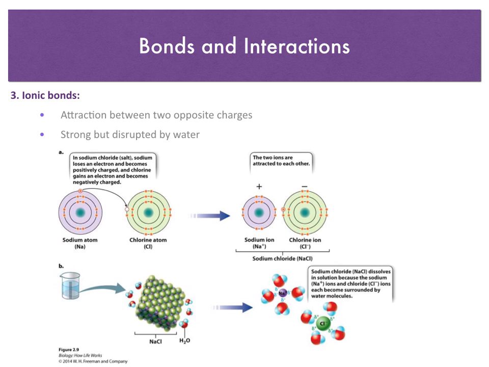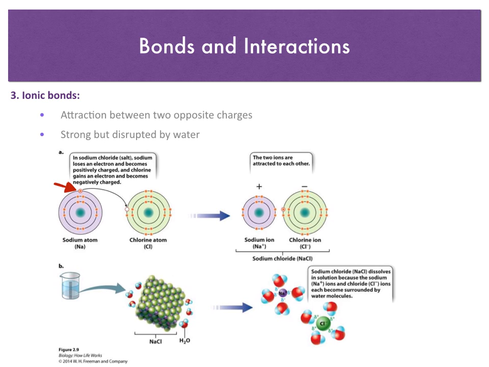However, they can also be easily disrupted if you put with them another molecule that has a negative or a positive charge, like what we saw with water. So basically that's what happens when you put water with salt. You will have the negative charges of oxygen that will connect with the positive charges of sodium, and the positive charges of hydrogens connecting with the minus charges of the chlorine ion.